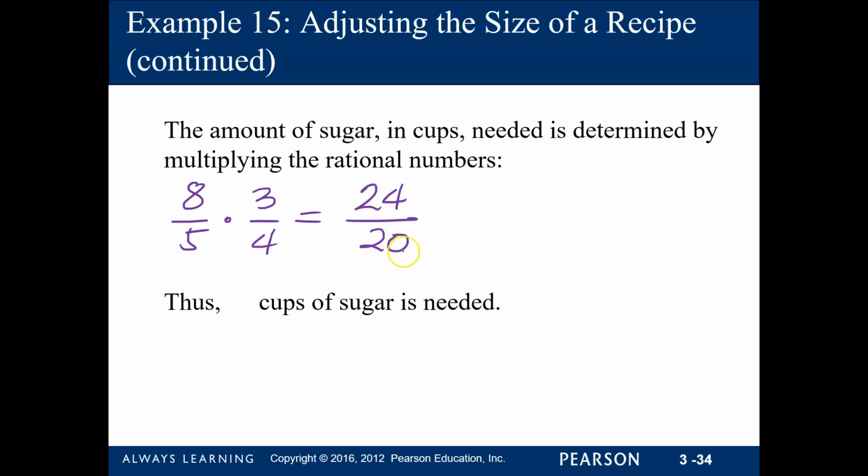We can simplify this, since both can be divided by 4, to become 6 over 5. And 6 over 5 being improper, you can change it to a mixed number, which is 1 and 1/5. So if you would like to make 8 dozen chocolate chip cookies, you will need 1 and 1/5 cups of sugar.